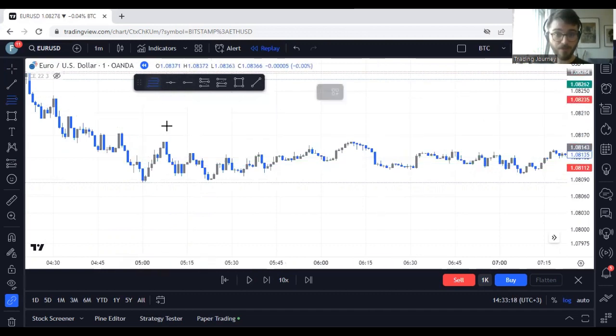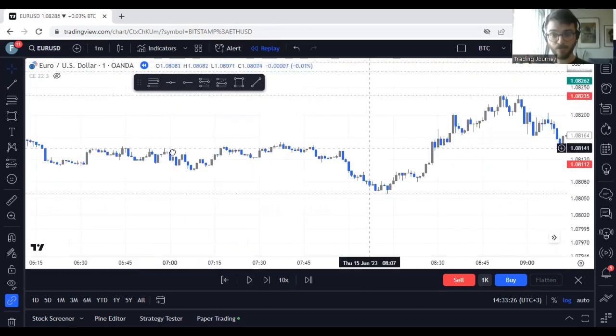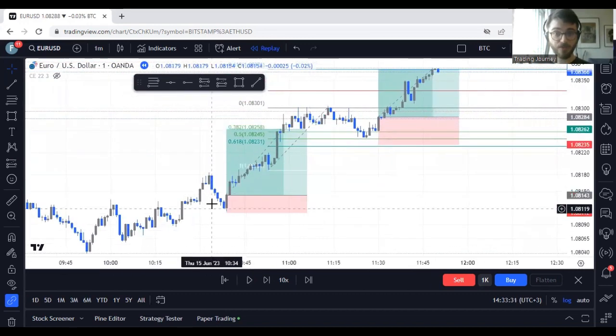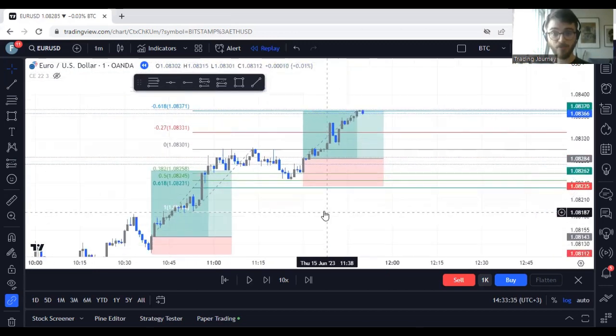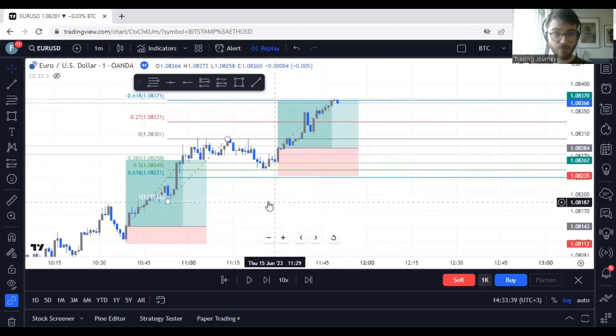And if we try another one here, thinking it's going to go down, it's the same. It just destroys it. So that's the idea, that you really want to use this tool when it's a trending market to identify the trend. Once again, it's higher highs and higher lows, or lower highs and lower lows.